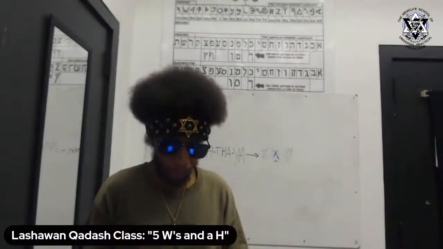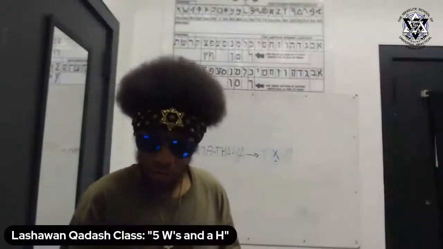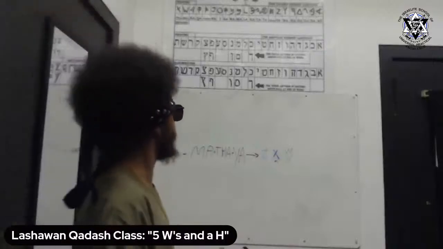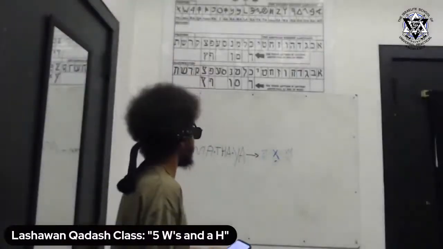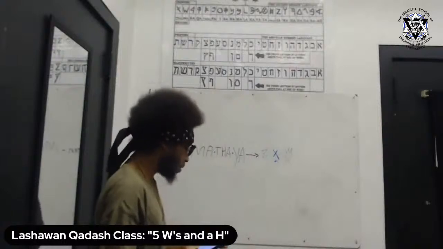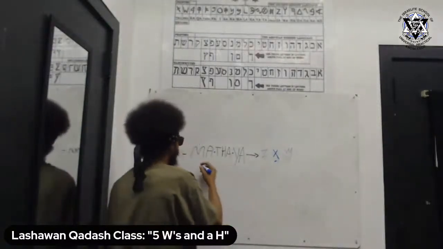So let's focus on "when" for a second. We got it right here. You got the month, the stuff, and the year. So these are precepts, right? I want you to write these down as well.